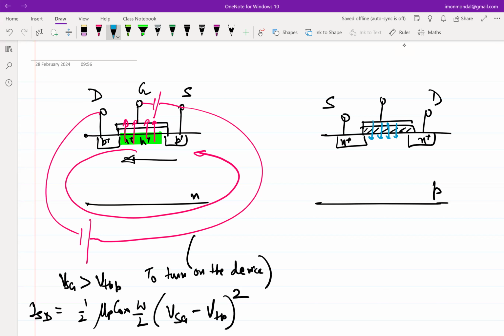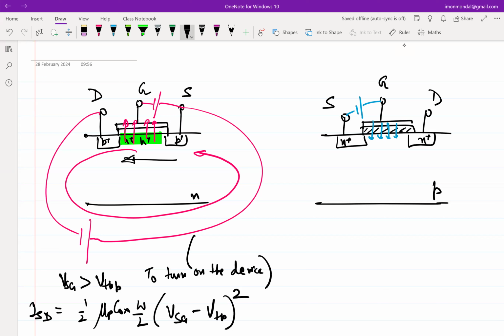So which essentially means that if we have to follow the same nomenclature as PMOS, I'll have to give a positive voltage between the gate and the source, right? So that will create the electrons.